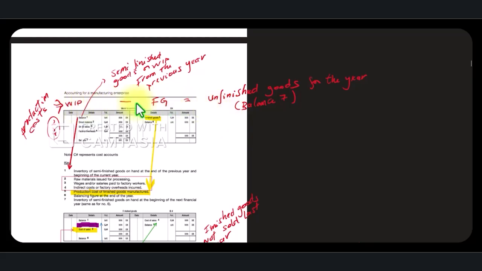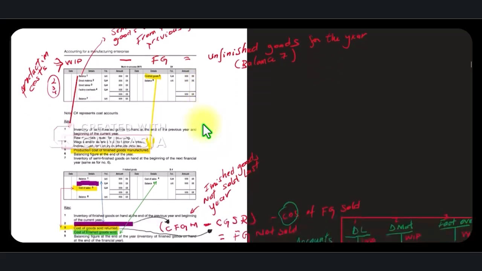So the balance here will be what is the unfinished good, or the good that was not complete, that did not become the finished goods. Okay, but on your right hand side, you will get the finished goods, right? Cool. So as you go, the natural progression will be after the work in process, as I was saying, there will be now the finished goods.